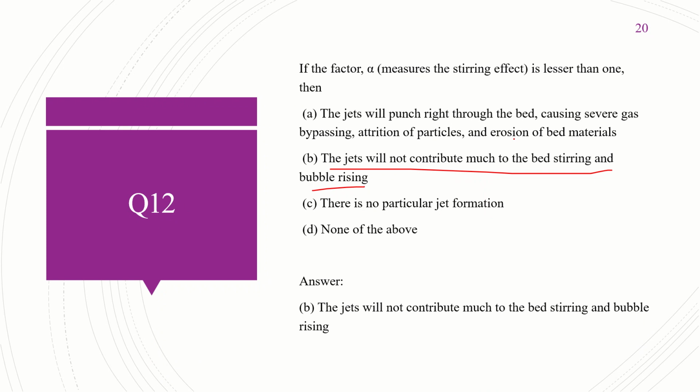So in such cases, we ensure that we have an additional agitator or additional stirring. In order to measure that efficiency, we use the term alpha, which measures the stirring effect. So if it is lesser than 1, obviously it would not be contributing much to the bed stirring and the bubble rising.